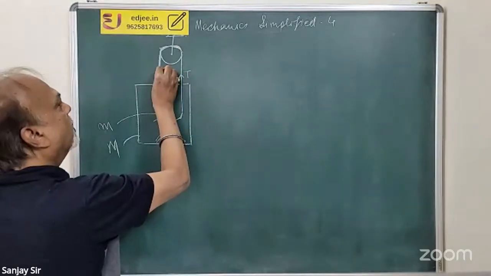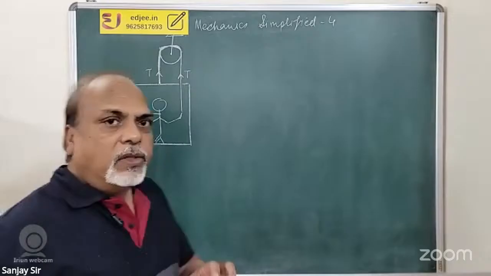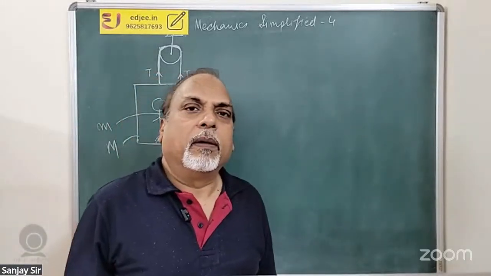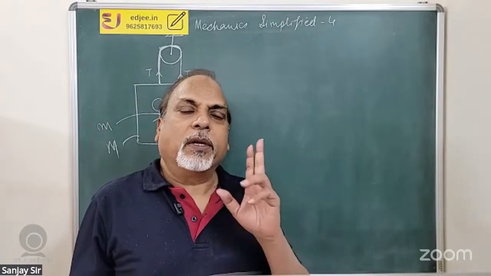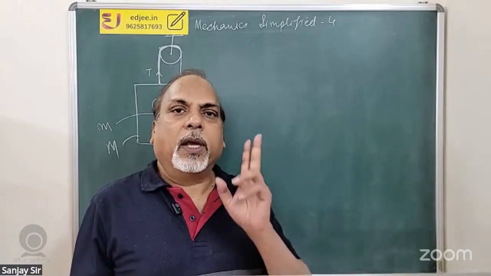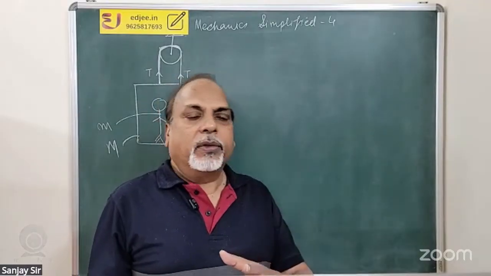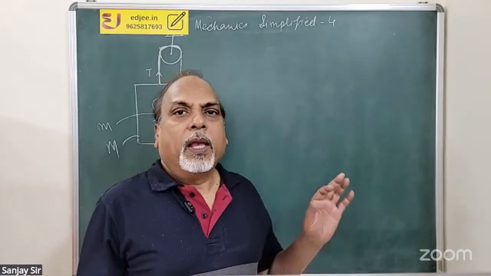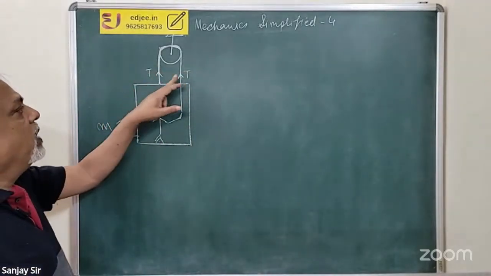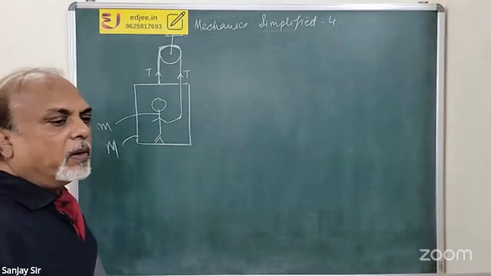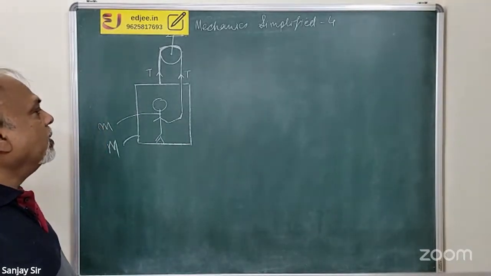And here also there will be a tension in the string. And it is the same string. So, since your string is massless and inextensible, the tension at every point on the string will be the same. I hope there is no problem.